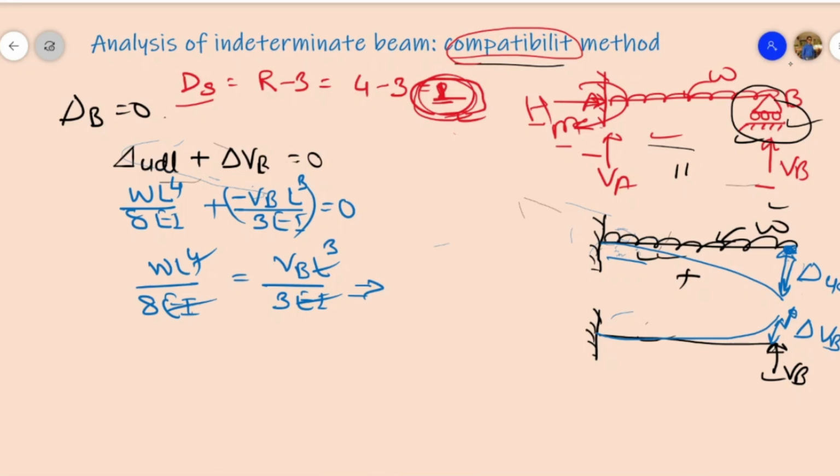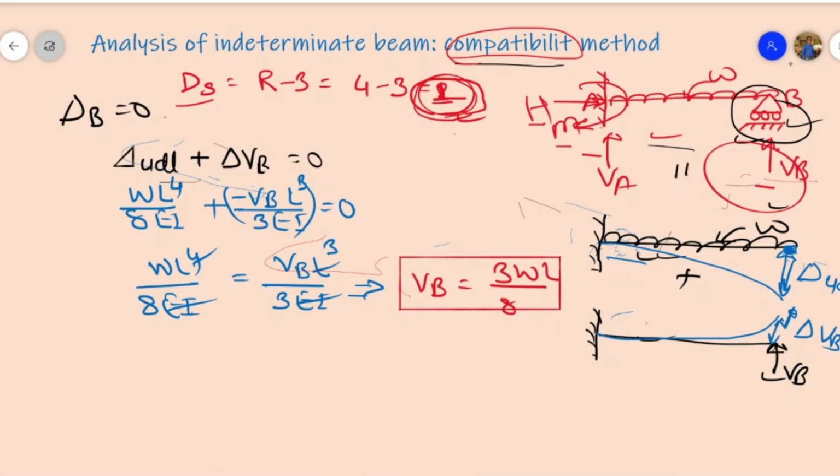From here we get VB equals 3 times WL by 8. This is the support reaction at B, at this point. Clear?